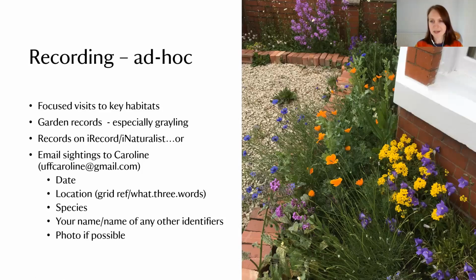Just something to mention about iNaturalist, though, if you do use it, you have to make sure that your license permissions are set to Creative Commons and allow your data to be shared. Otherwise, unfortunately, it just sits there within iNaturalist and it can't be passed on to any of the record databases. So it's a great system as long as you make sure that your permissions will allow your species records to be shared.